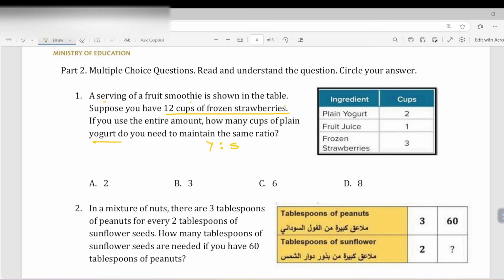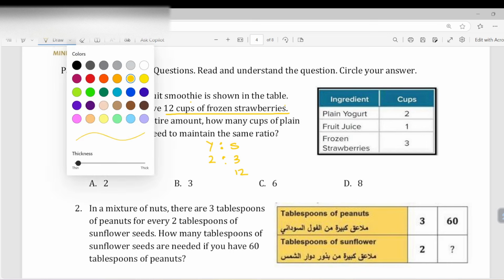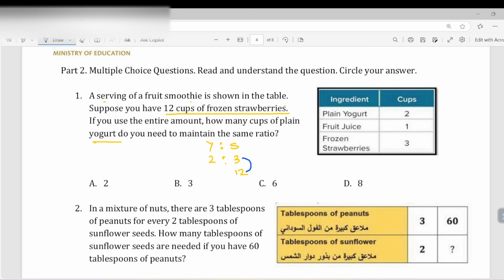Yogurt is 2 when strawberries are 3. Now you are interested in 12 strawberries. What number are you multiplying by? 3 times 4 is 12. So 2 times 4 is 8. So the answer is 8.